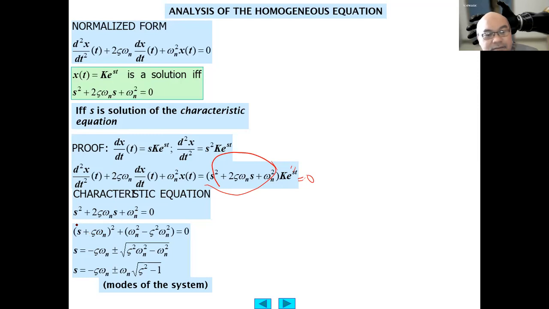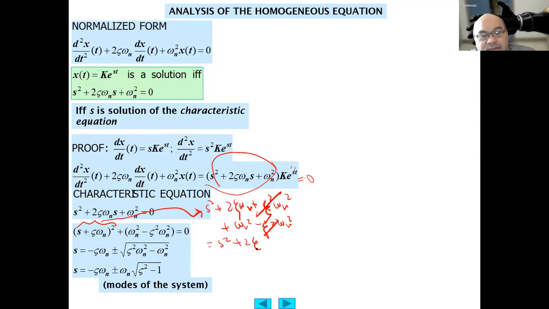So this becomes s² plus 2 zeta omega n s plus zeta² omega n² plus this one, omega n² minus zeta² omega n². So these terms cancel each other, and this becomes s² plus 2 zeta omega n s plus omega n². So it's correct. This equals to 0.